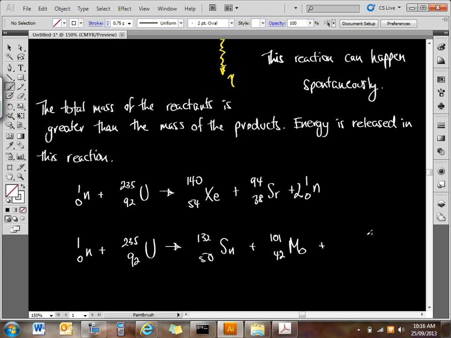Molybdenum? I'm not sure, to tell you the truth. Plus 3 neutrons. Also a fission reaction. So from that you can say that fission will not always result in the same products.